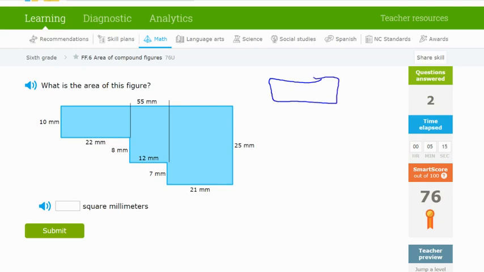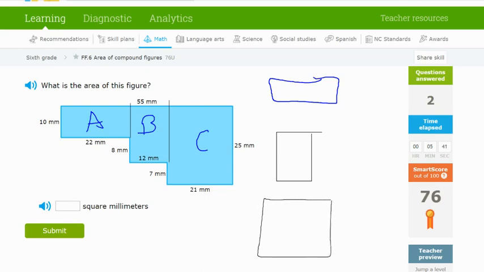Let's call this rectangle A. We'll call this rectangle B. And we'll call this rectangle C. So rectangle B is going to be like this. And then rectangle C is going to look like that.